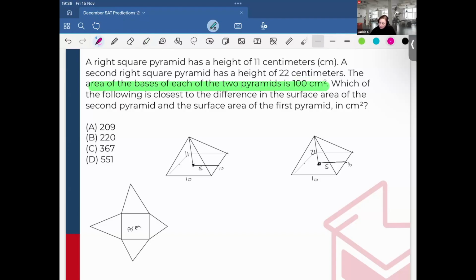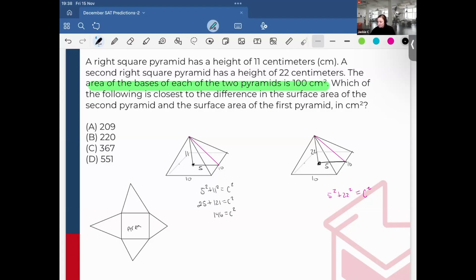Then with this, I can calculate the slant height of our pyramid by quickly doing the Pythagorean theorem: 5 squared plus 11 squared equals c squared. And same here, we would do 5 squared plus 22 squared, which will be equal to the slant height. So in this case, we have 25 plus 121 equals c squared, which is 146 equals c squared.